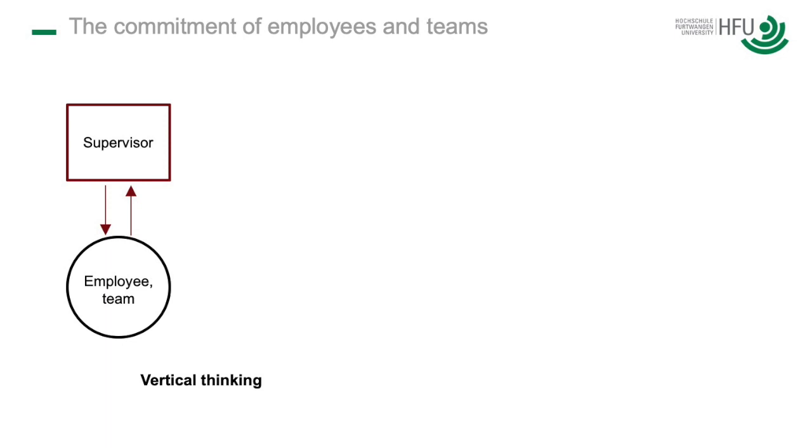That would mean that you think vertically. You are committed, dedicated to your supervisor. You do the things your supervisor wants. So probably the supervisor acts as a boss. There might be a customer somewhere, but that does not matter in this particular moment. You're committed to your boss and not to the customer.